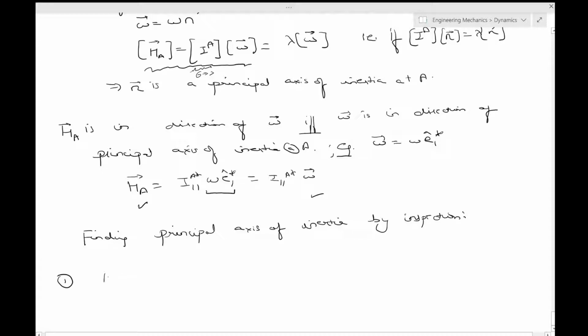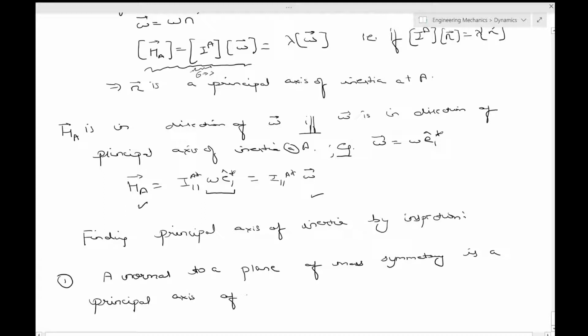So you have, say, a normal to a plane of mass symmetry is a principal axis of inertia at its point of intersection with it.